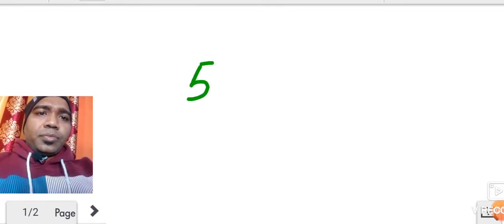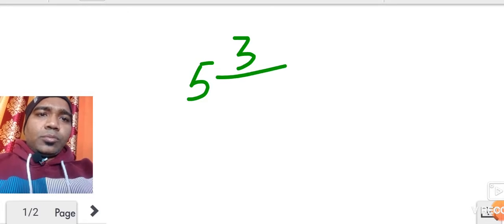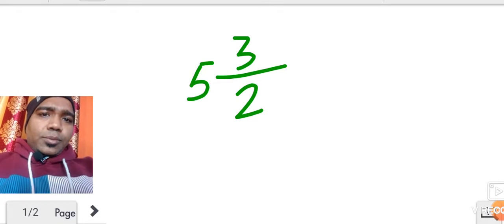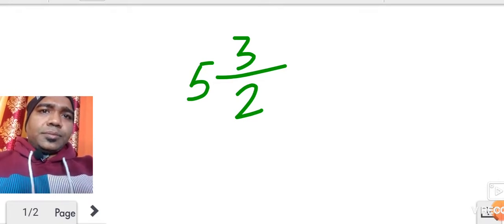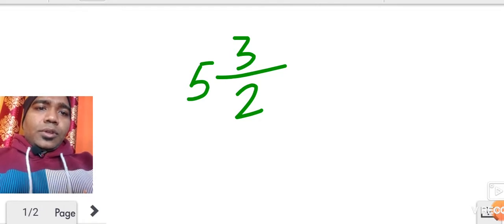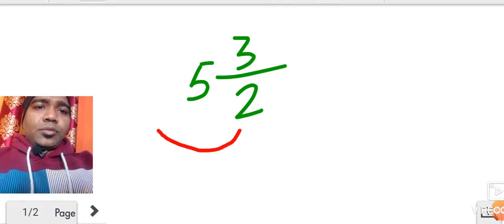One more mixed fraction I am taking. Suppose 5 whole 3 by 2. This is my mixed fraction, and what do we have to do? We have to convert it into an improper fraction. So first of all, we'll multiply this 2 with 5.